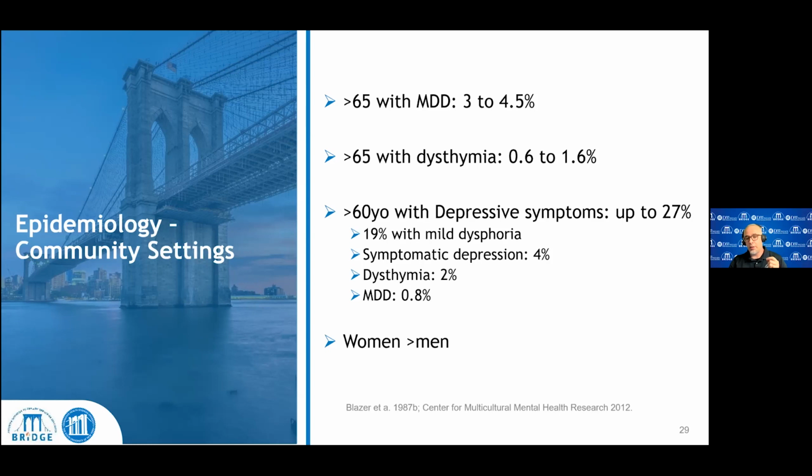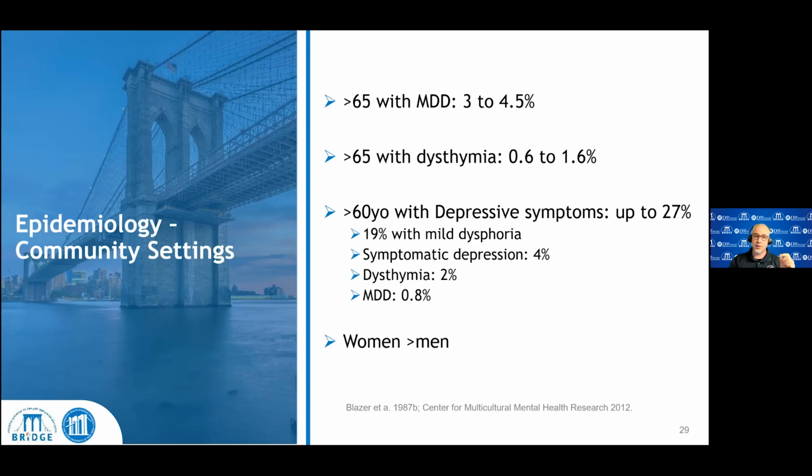So we'll talk a little bit more about that in the next couple slides, but folks who have higher degrees of medical comorbidity or come from populations that have been stigmatized, disenfranchised, or perhaps have higher rates of trauma tend to have higher rates of major depressive disorder.